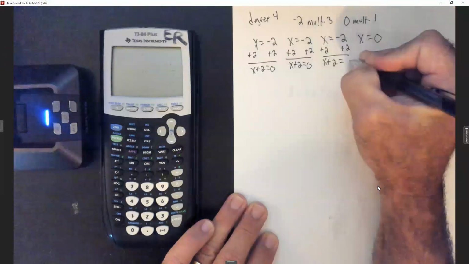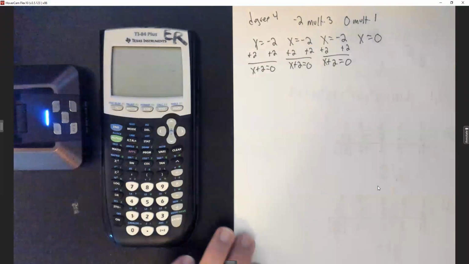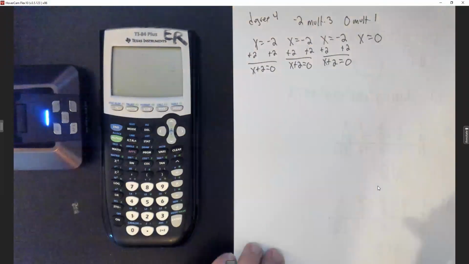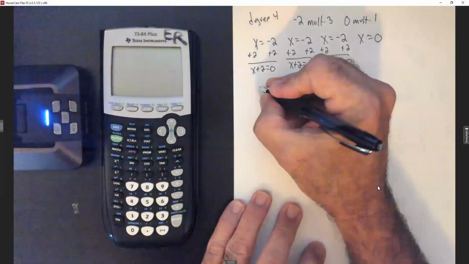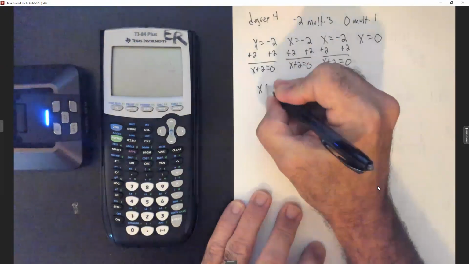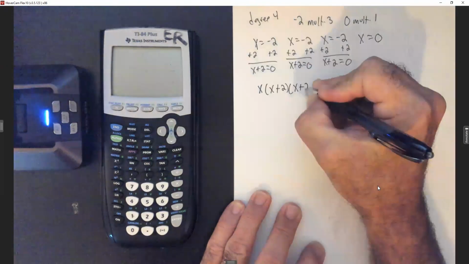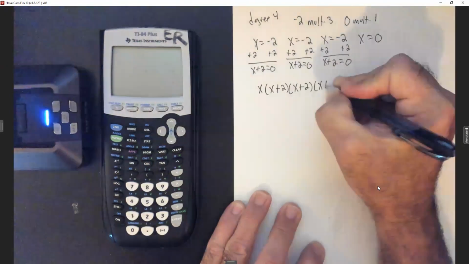So I gave y'all one of these, I think, on my bonus to work, similar to this. So let me show you what I'm going to do. Since this is a single variable, I'm just going to bring the x and put it first, and then I'm going to put all these x plus 2s, and set all this equal to 0.